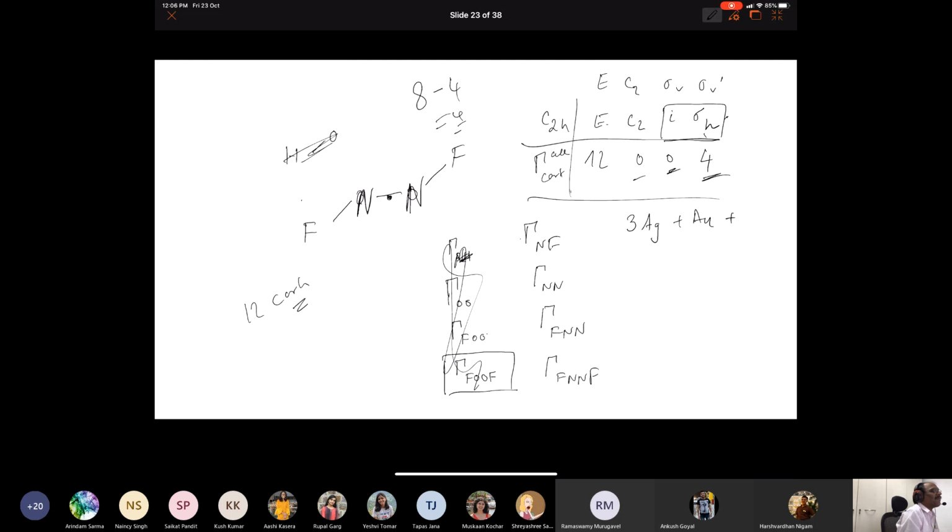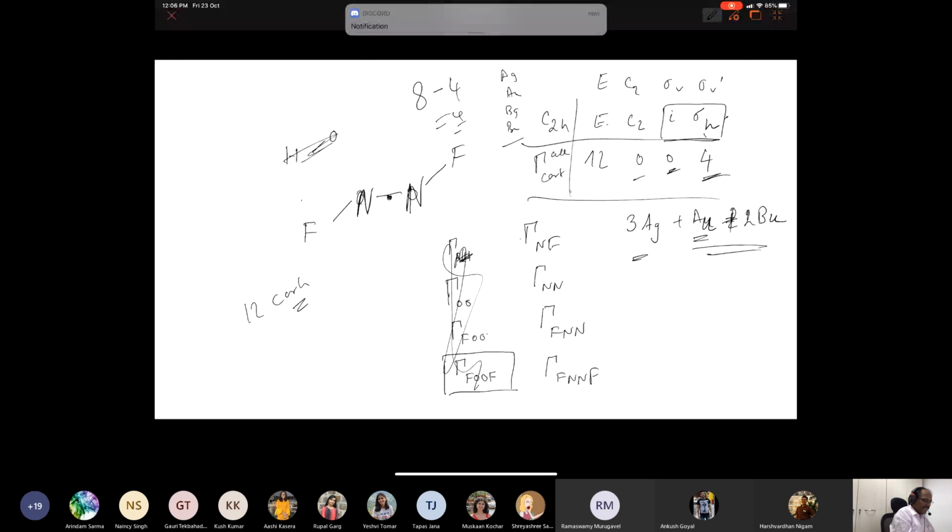I'm doing this in the classroom, that's why I'm not giving all the steps here. On the left-hand side you have A, Ag, Au, Bg, Bu. I think these are the 4 symmetry species you have for this. So 3 times Ag, 1 times Au, and then 2 times Bu.